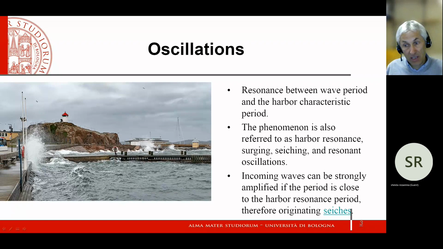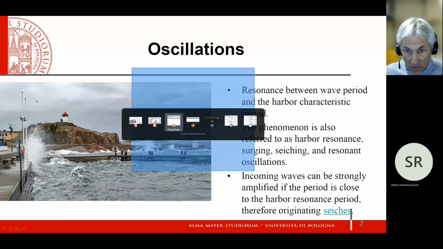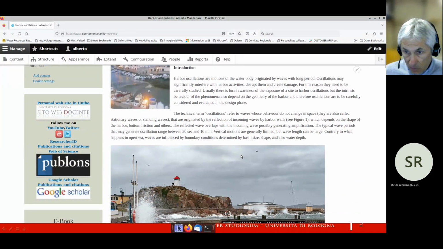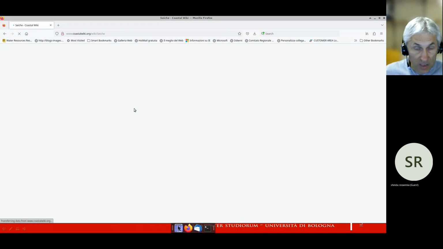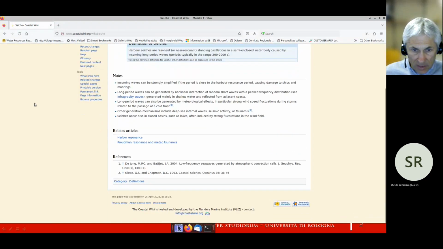The term seiche, in particular, is widely used, and you can see that there is a link in my web pages. Let me go to it, which refers to a Wikipedia page where you can find also some pictures. Here is the link. It's a coastal wiki, actually.